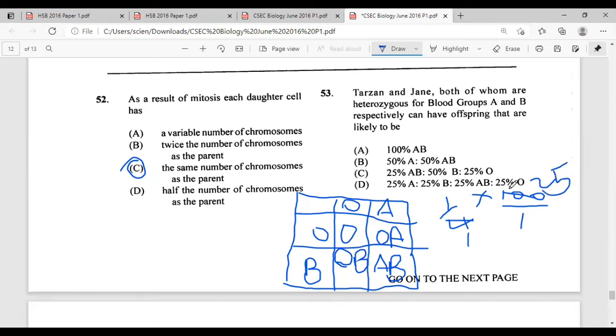So the answer is B, it's 25 for all of them. 25 here, 25 there, 25 here, 25 here. All right, let us move on to the next question.